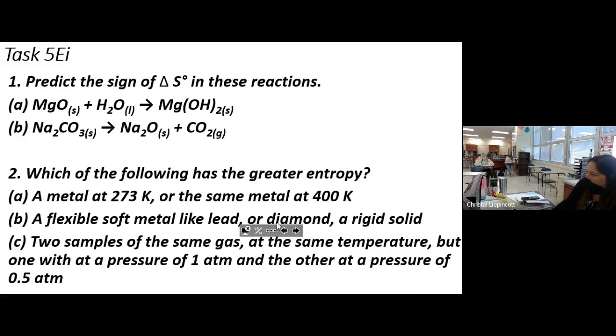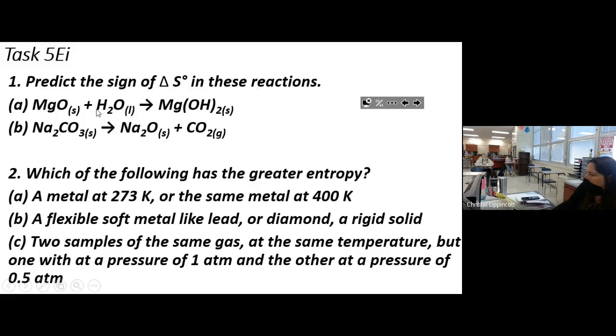All right, so predict the delta S, that's the change in entropy of the following. Is this going to have a positive or a negative entropy? Which one, A or B?